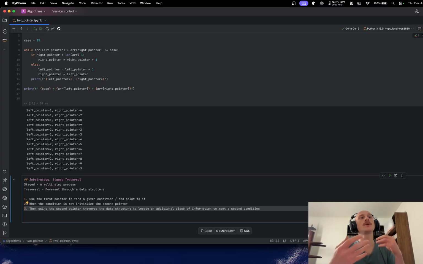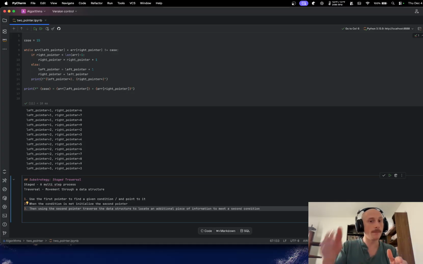What this means is that we could even do this process again. Say the second pointer continues to go in either direction down the data structure, but it doesn't find that second condition that we are looking for. Instead, it comes up empty. Well, then we can continue the first pointer on until we find that second piece of information.